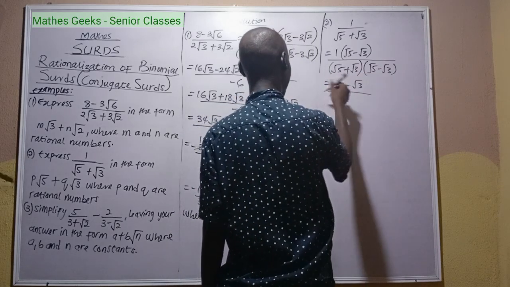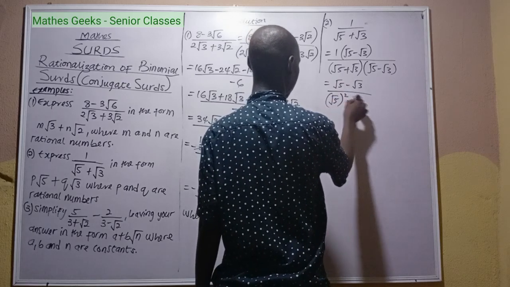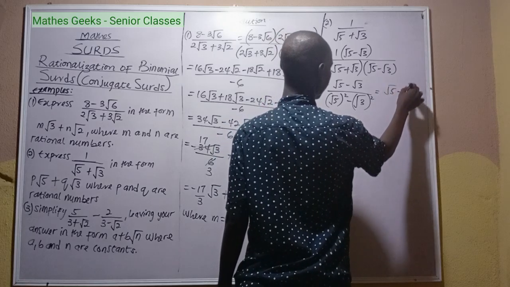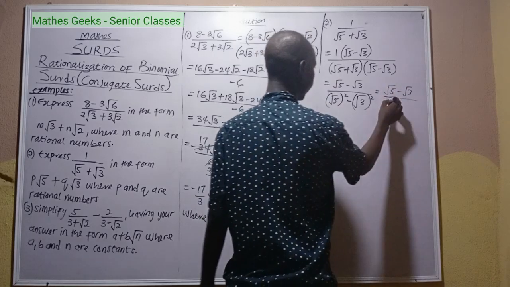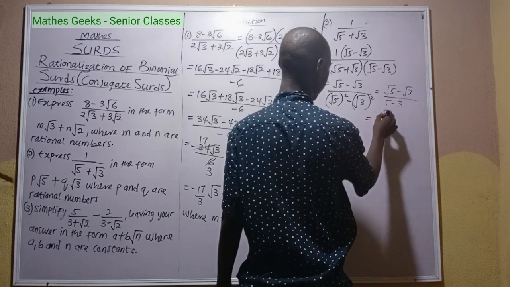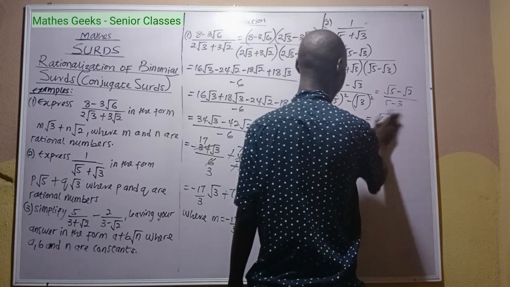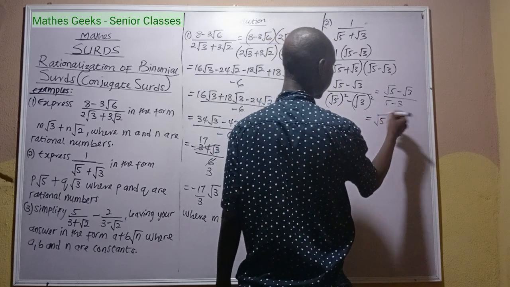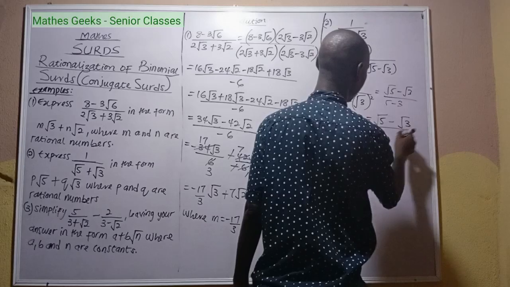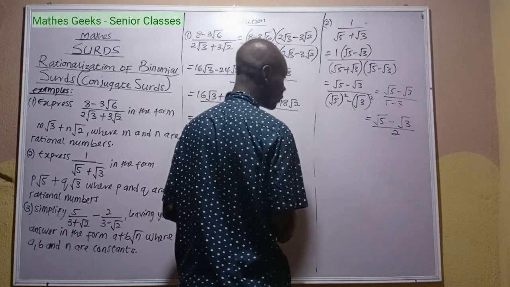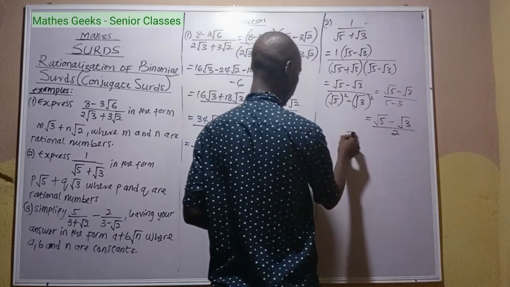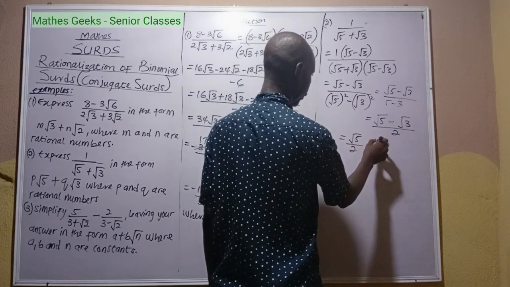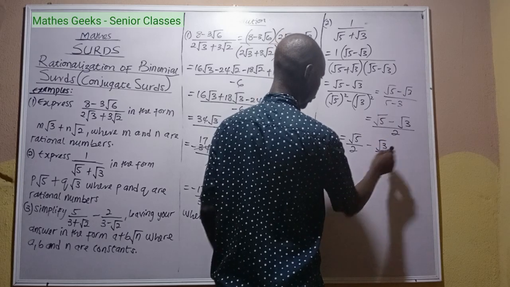So difference of two squares, root 5 squared minus root 3 squared, root 5 minus root 3 over 5 minus 3. And this will give us root 5 minus root 3 over 2. Since there is a common denominator, we can split it. We become root 5 over 2 minus root 3 over 2.